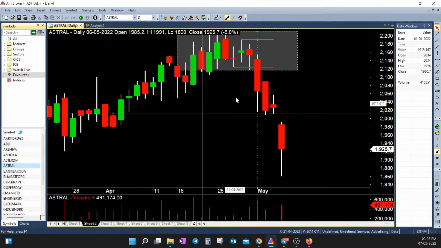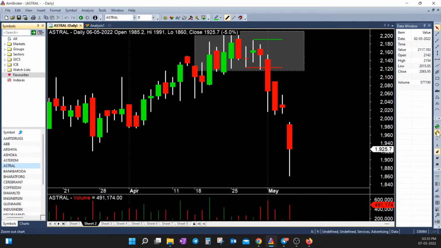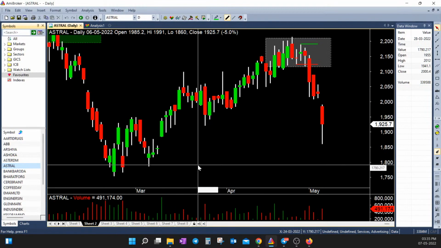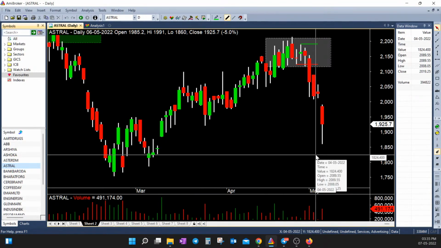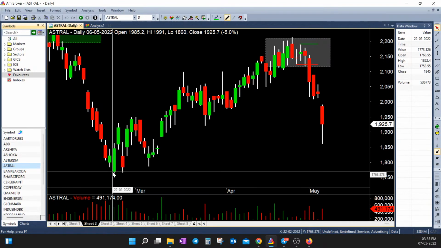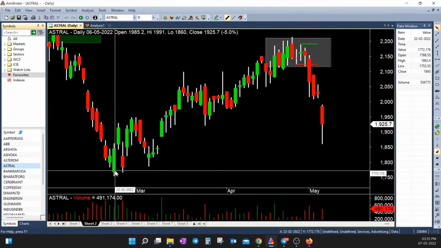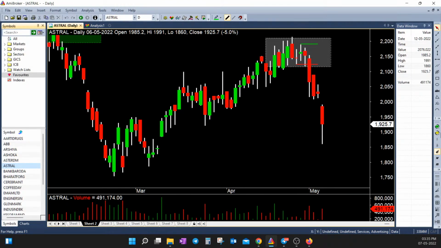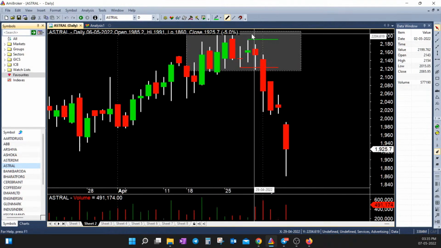But Astral, if you see, market was very bearish from Feb till now, is it not? But Astral managed to gain up from March only. But now what happened? It couldn't sustain. Okay, because it had reached the resistance level.